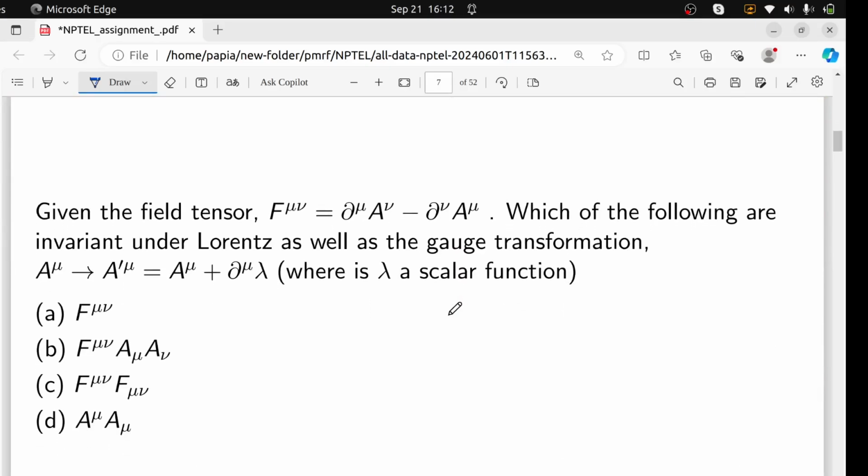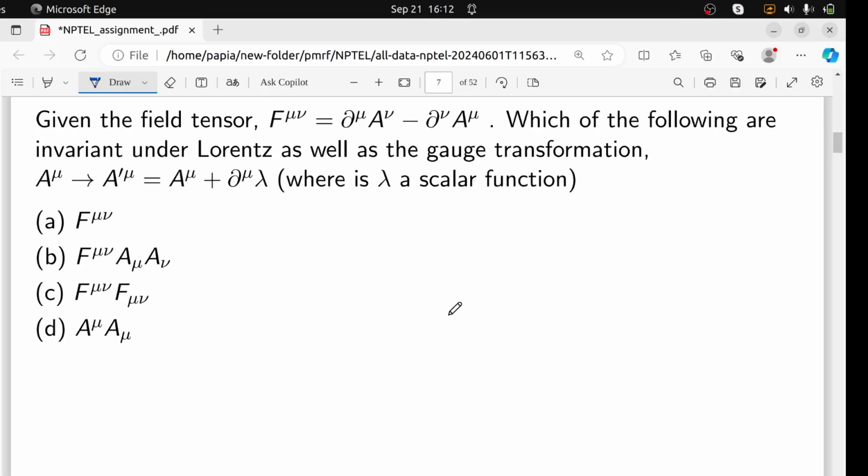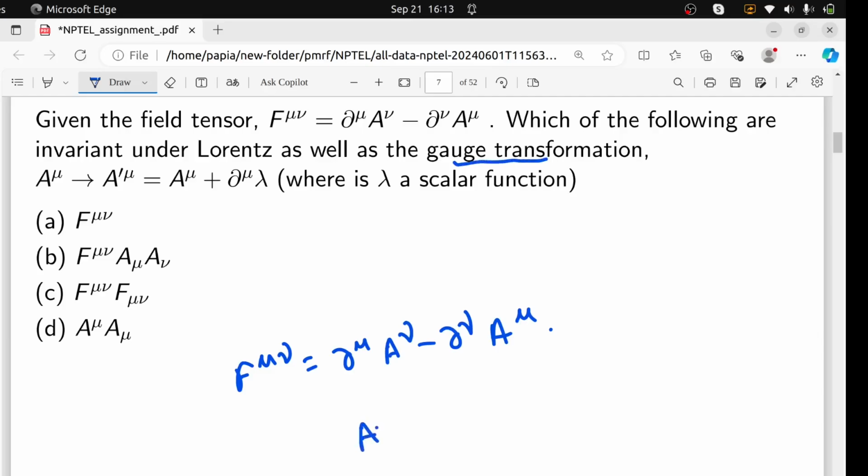Given the field tensor F mu nu. Okay. So let me write here F mu nu equals del mu A nu minus del nu A mu. Which of the following are invariant under Lorentz as well as the gauge transformation? Okay. So first of all, what is the gauge transformation function? The gauge transformation function is A mu prime equals A mu plus del mu lambda.